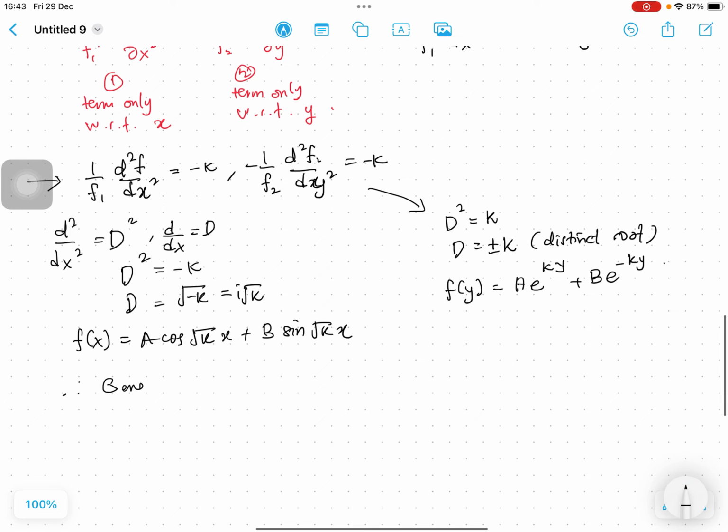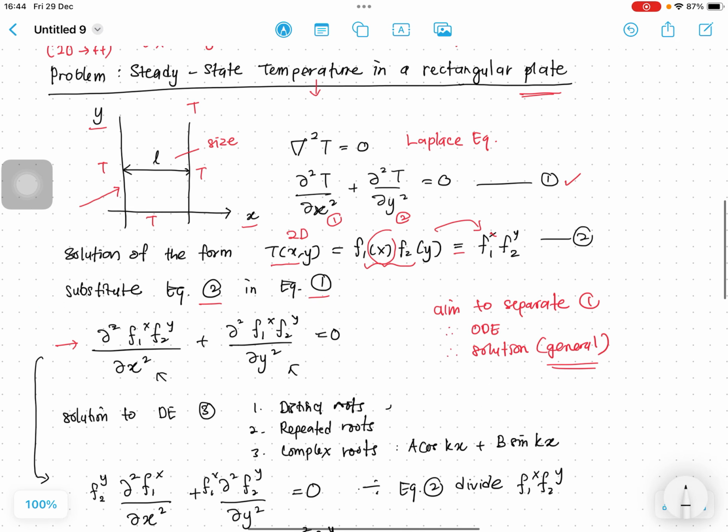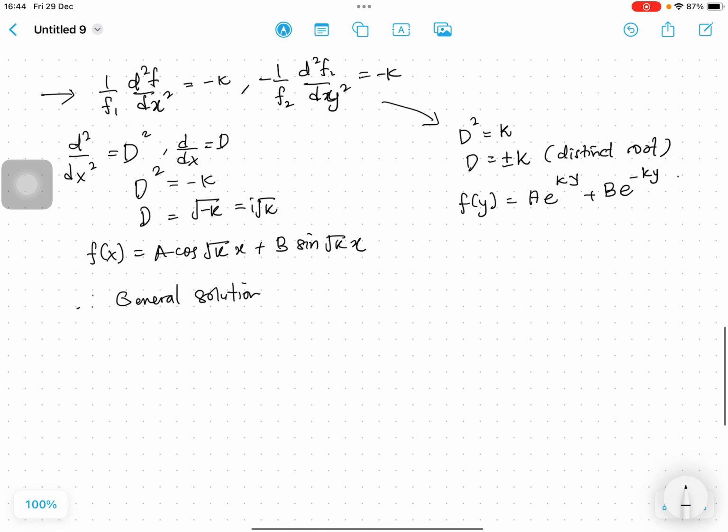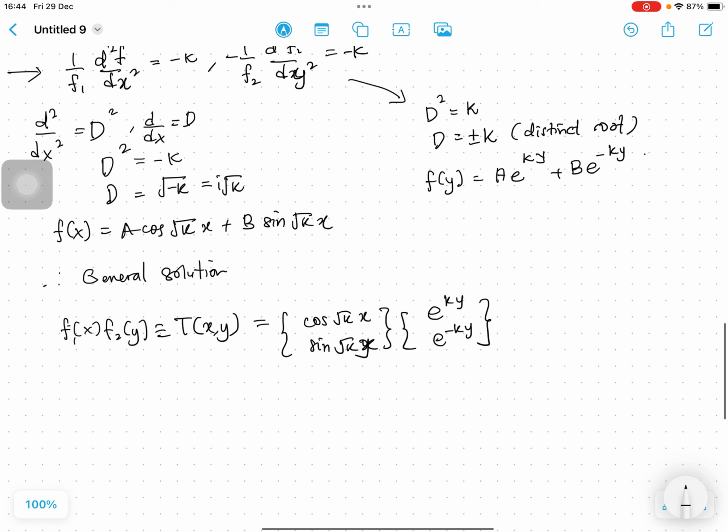Therefore, the general solution to this steady state temperature in a rectangular plate from equation 1 is written as f1(x) f2(y), which is equivalent to T(x,y), with cos, sin, and then e^(ky), e^(-ky). Why did I write it down like this?